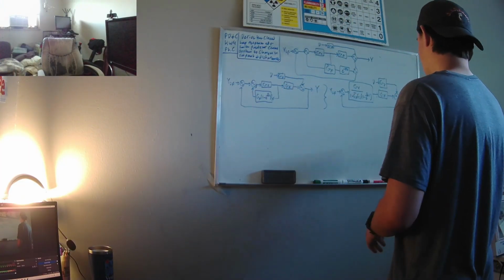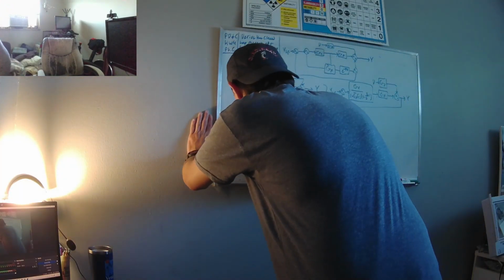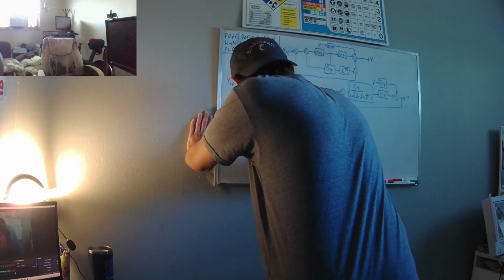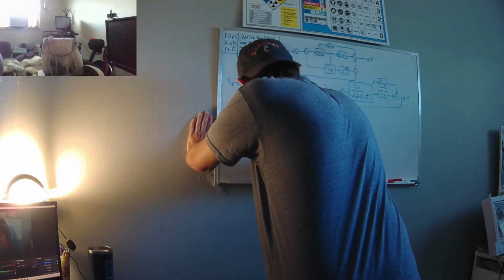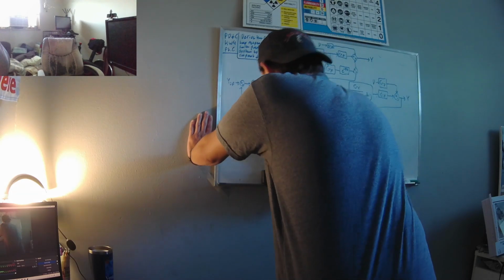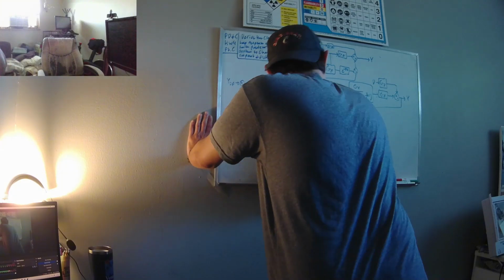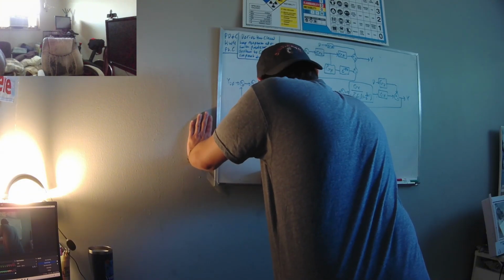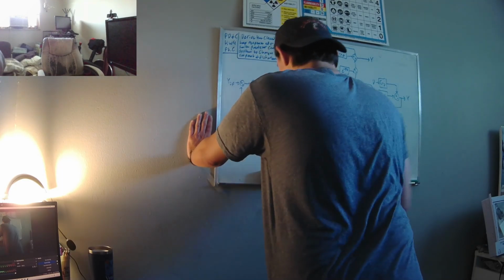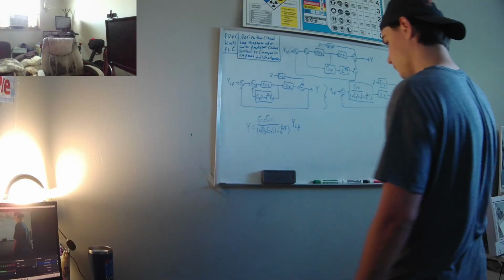First, combining in our GP, what we're going to get is that our Y is going to equal our GP and our GC divided by our 1 plus our GP bar times GC times our 1 minus e to the theta bar s times our YSP.